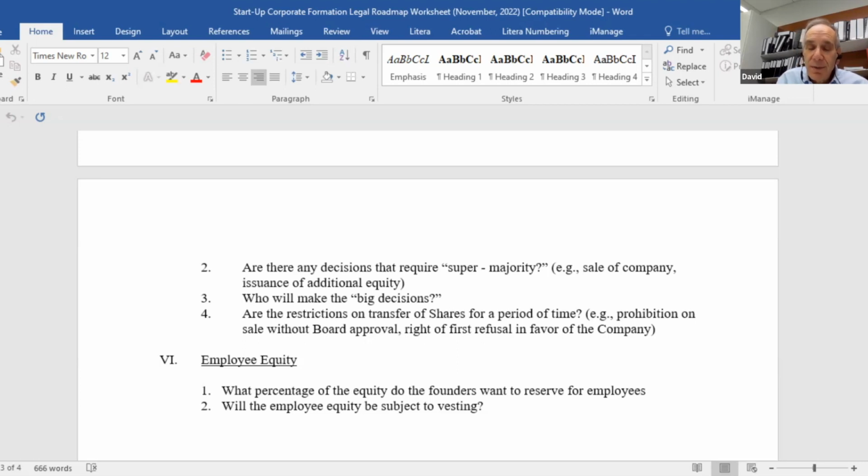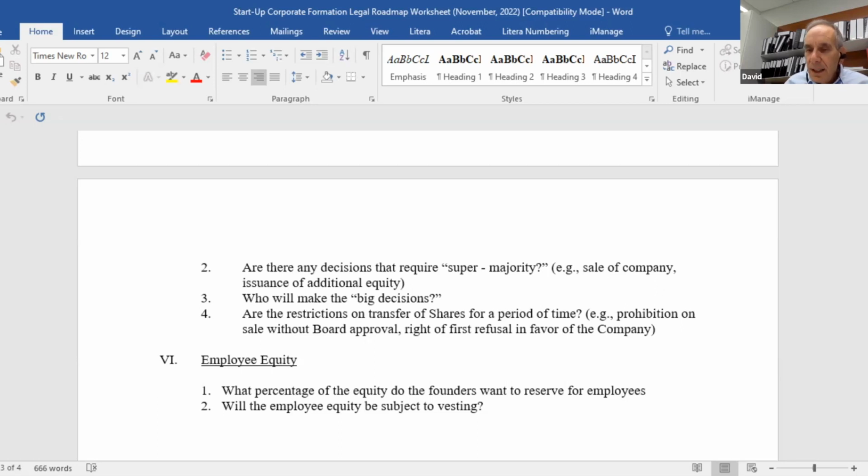We have one client that believes every single person should have equity of some sort. That's okay, but you've got to figure out how much you're going to reserve. Just to give you some sense, one rule of thumb for high growth technology companies is 15% for an option pool, but that varies. And then, of course, the last question is vesting, which is similar to the discussion we had about the founders, so I won't go into that.